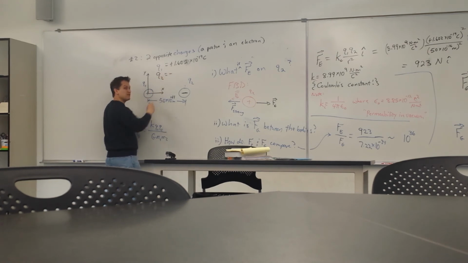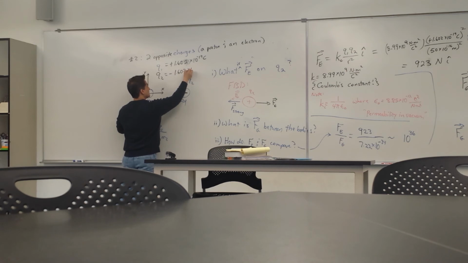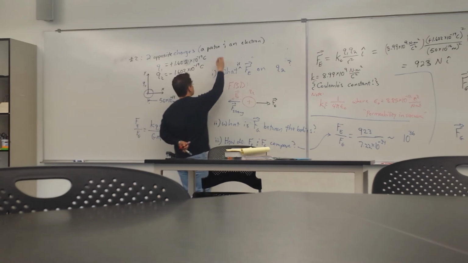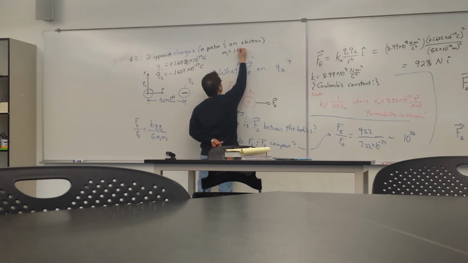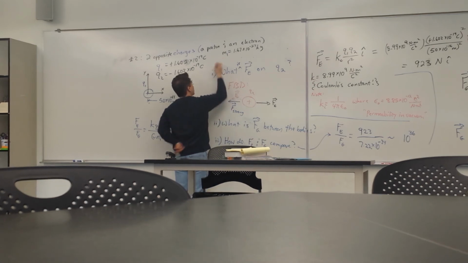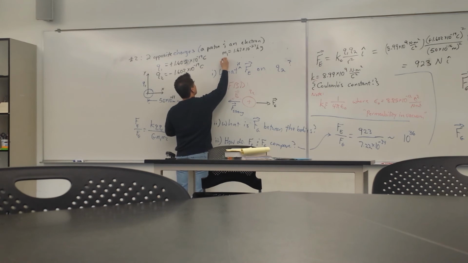And the mass of the proton is still 1.67 times 10 to the negative 27th kilograms. But the mass for this electron is about 9.11 times 10 to the negative 31 kilograms.